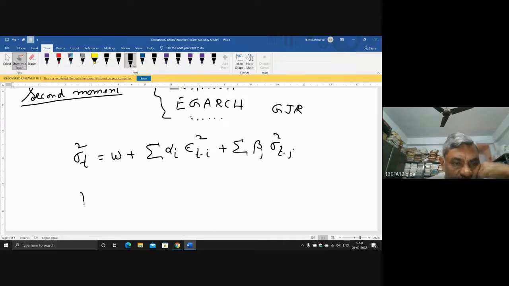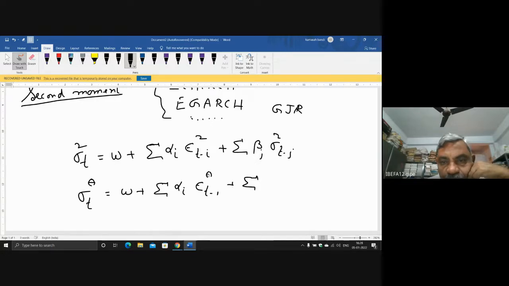Why not sigma t to the power theta equals omega plus summation alpha i epsilon t minus i to the power theta plus summation beta j sigma t minus j to the power theta? Why not like this? Okay. If theta equal to 2, fine.